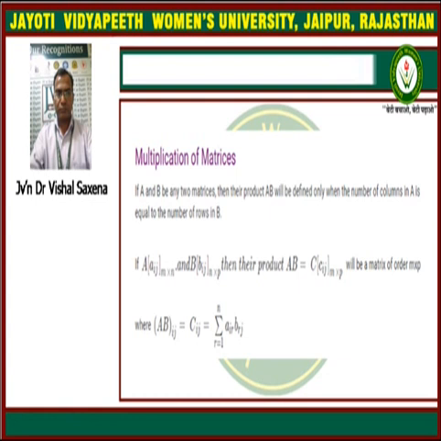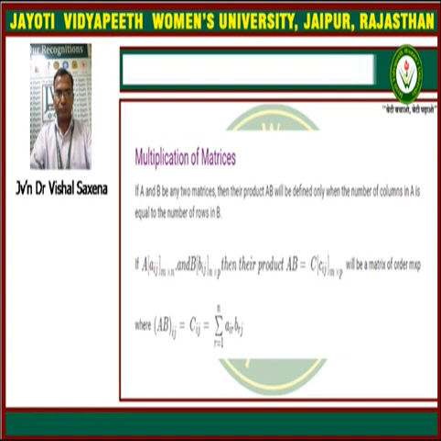So it is shown that here matrix A is Aij of order m by n and matrix B written by Bij is of the order n by p. So we can see these two matrices can be multiplied, because here the number of columns in the matrix A is equal to the number of rows in the matrix B, that is n.